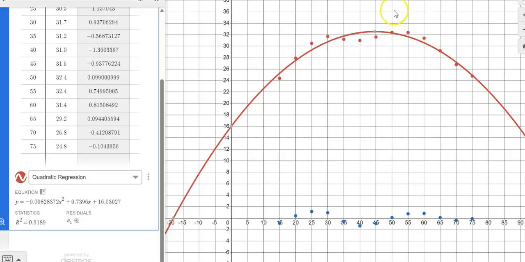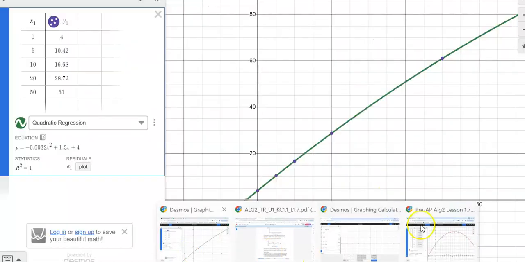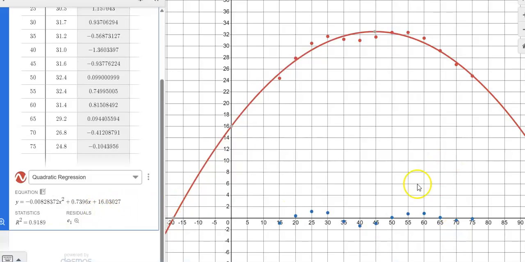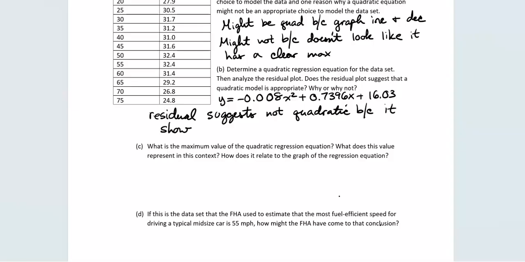Then 0.7396 x, plus 16.03. I think they're both added. I'm going to check one more time. Yes. Okay. And the residual suggests not quadratic because it shows a pattern.